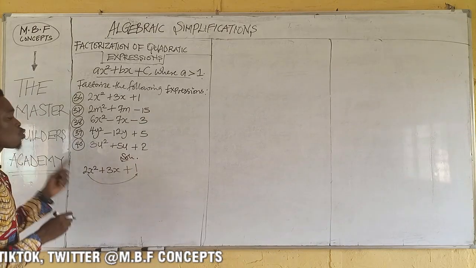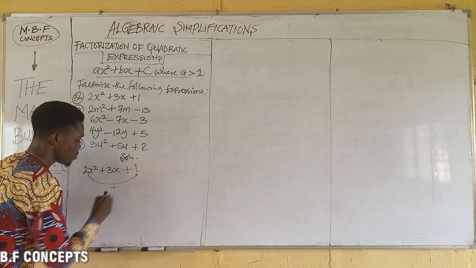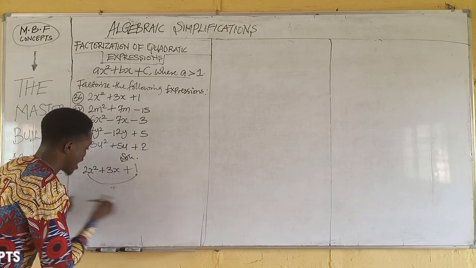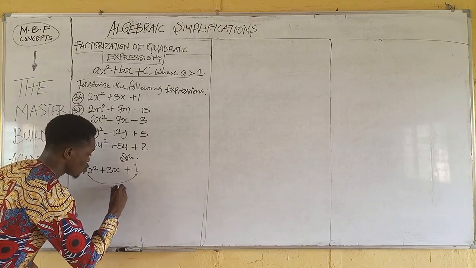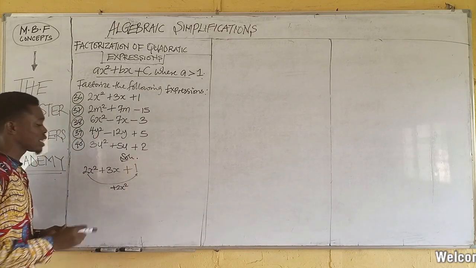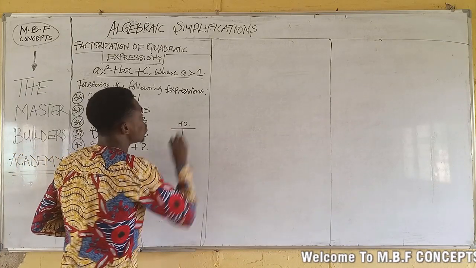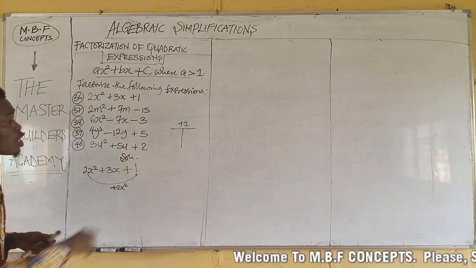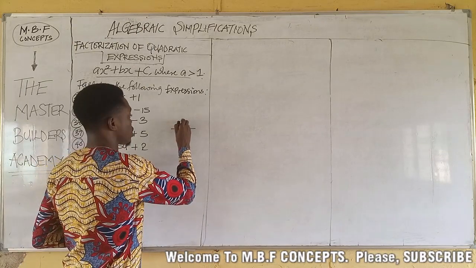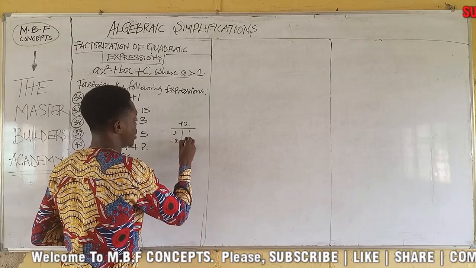So when 2x squared is multiplied by the constant 1, we are going to have plus 2x squared. The next thing we quickly do is to find the factors of plus 2. For the product of two factors to be positive, either both are positive or both are negative.